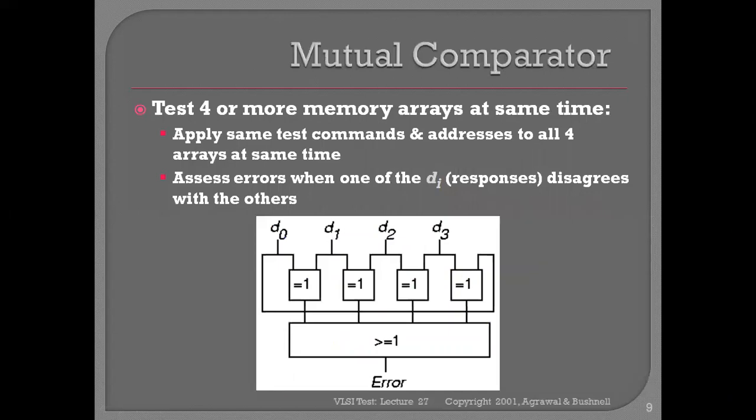Mutual comparator means that the output of one cell is going to the input of the other cell. So what is inside one cell should be transferred into the other cell. If it is not transferred, that means there is an error. Okay, so that is an easy way. That is one way of implementing the comparator because we have repeated cell structures in this. If we don't use it, it is very difficult to form a comparator.